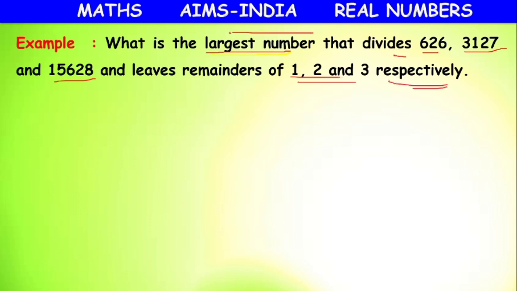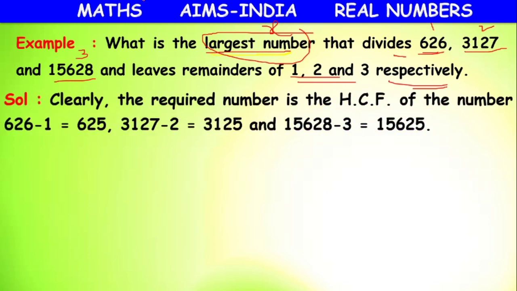Suppose it is x that divides the 3 numbers separately, but while dividing the first number, it leaves a remainder 1, while dividing the second number, it leaves a remainder 2, while dividing the third number, it leaves a remainder 3. Such a number we have to find.